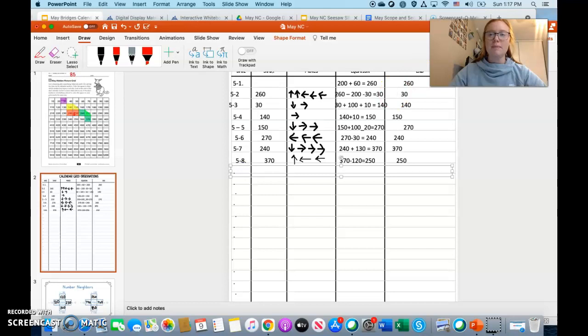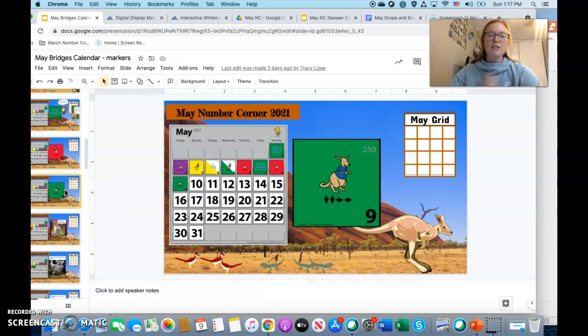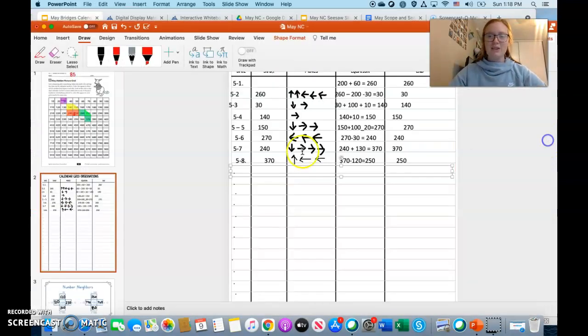Now we're going to look at May 9th. Remember, we have to do 3 whole days today. Taking a look at May 9th, I noticed that we have a full green square, and we are going to go down 2 and to the right 2. So this is going to be a big one. Let's put our date in. So this was Sunday, May 9th.